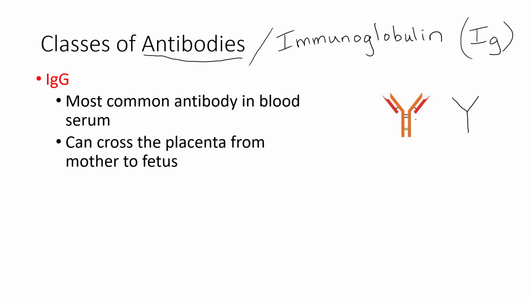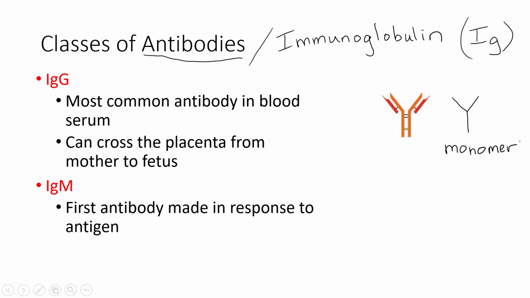This picture is a little bit better because it shows the 4 polypeptide chains connected. So when we draw it as a simple capital Y only, then we refer to its structure as monomer, meaning it's only one antibody structure. Because it's so small, this is the antibody that crosses the placenta, and it offers protection of the fetus during the development stages.